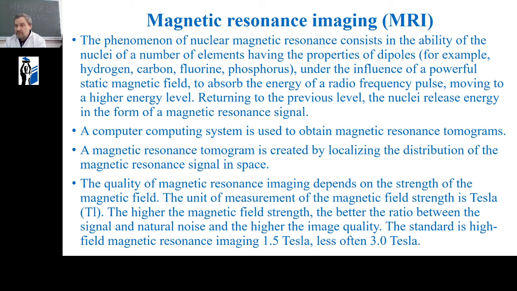The phenomenon of nuclear magnetic resonance consists in the ability of the nuclei of a number of elements having the properties of dipoles, for example, hydrogen, carbon, fluorine, phosphorus, under the influence of a powerful static magnetic field to absorb the energy of a radio frequency pulse, moving to a higher energy level.